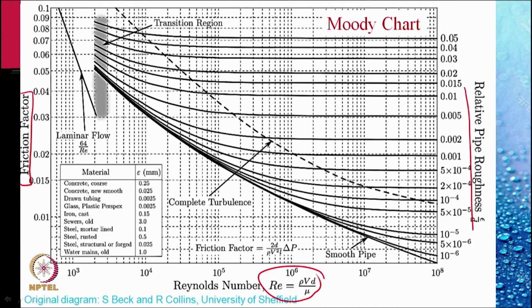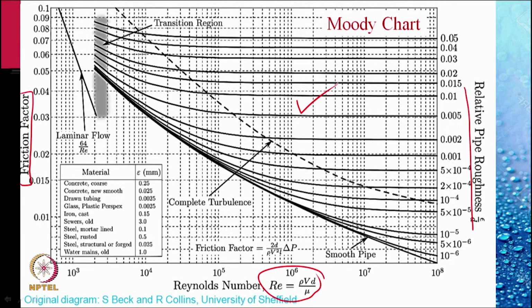After that, there is the turbulent region, and the turbulent region is divided into two portions by this broken line. On the right of the broken line, the flow is called fully turbulent, and you notice that in this region, the value of f is quite independent of the Reynolds number.